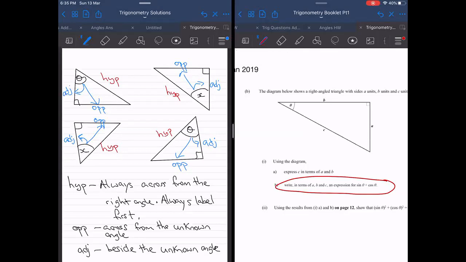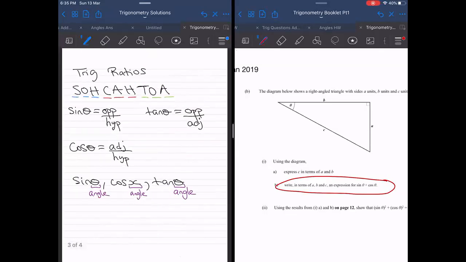Now for those persons who came in late, I'll try to repeat some of the information for you. Essentially, we're on trigonometry, and you have to know when you're using the trig ratio, the O is for opposite, the A is for adjacent, and the H is for the hypotenuse.